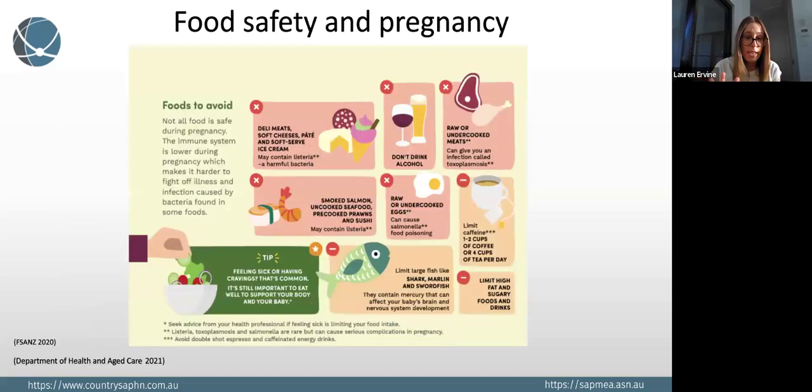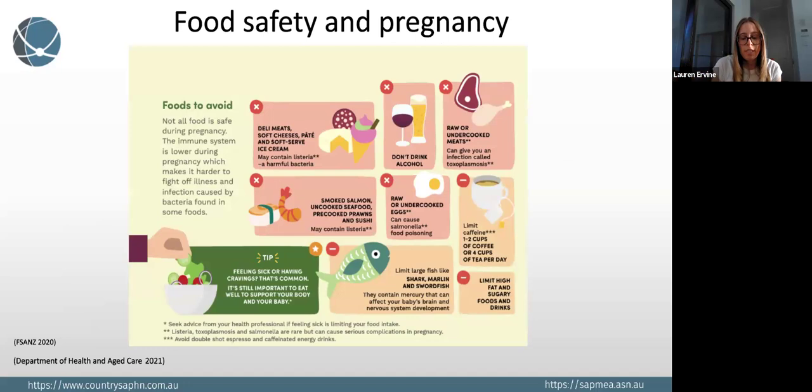Looking at food safety in pregnancy, another big one relating to nutrition. There is a fair bit more risk associated with different foodborne illnesses in pregnancy compared to the average Joe.